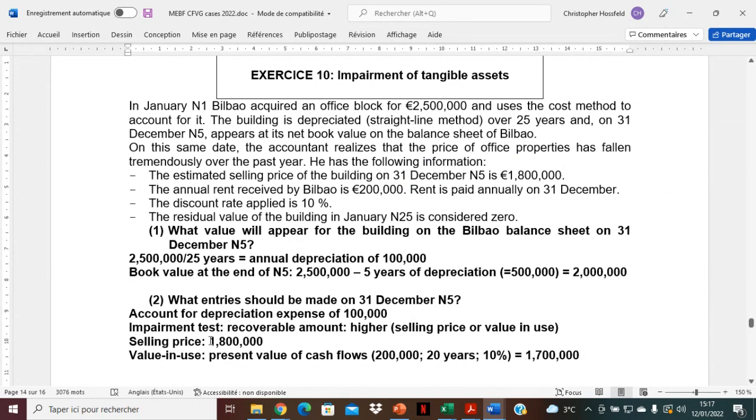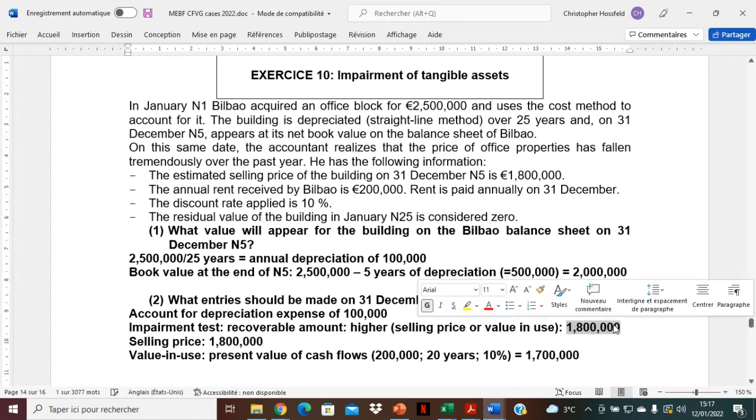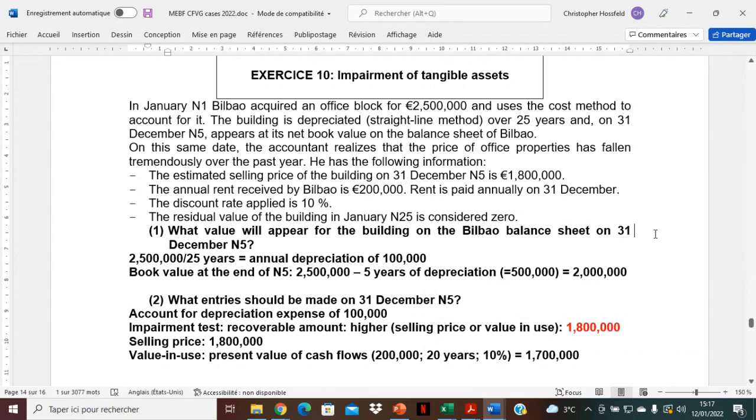Okay, so that means my selling price today would be 1.8. My value in use would be 1.7. All right. That means I take as recoverable amount the higher of these two amounts, which is 1.8 million. Okay, so my recoverable amount is 1.8 million.